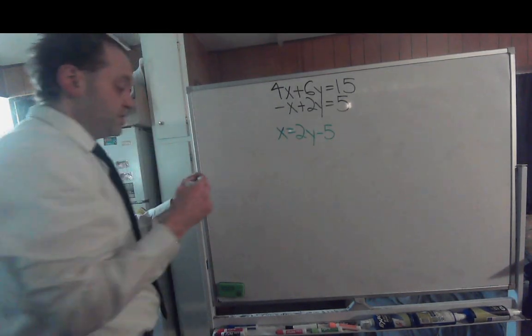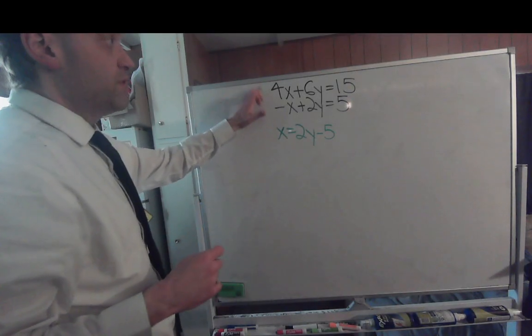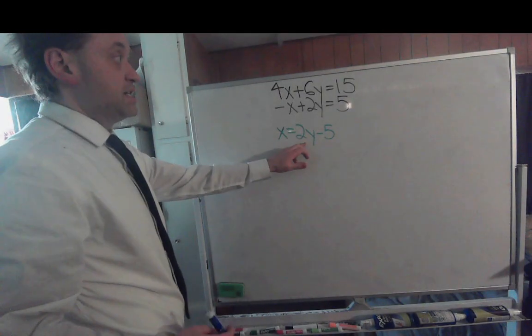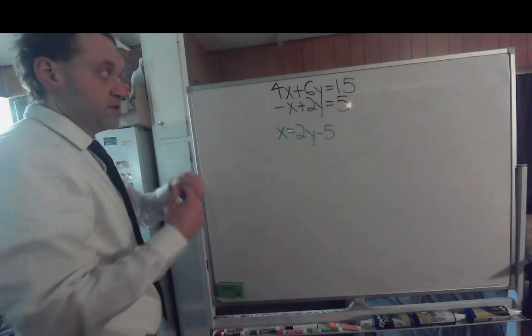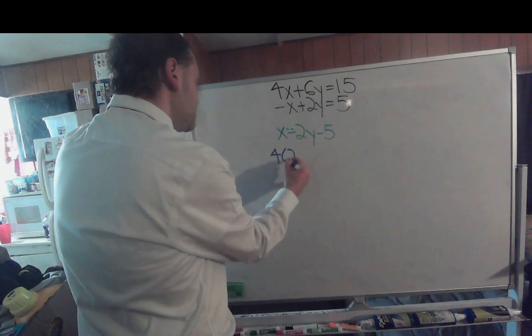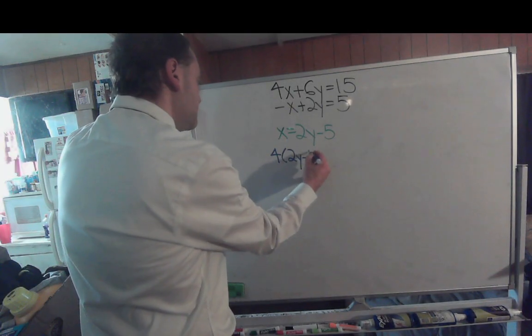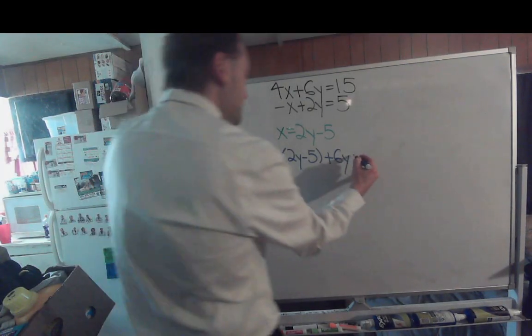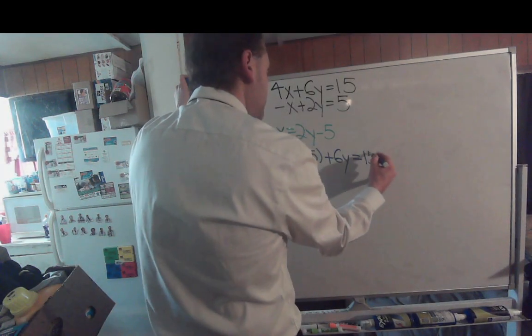Now you have something that you can substitute into the very first equation. We can take that 2y minus 5 and substitute that in for x into our first equation. So take 4 times that 2y minus 5 plus 6y, set that all equal to 15.